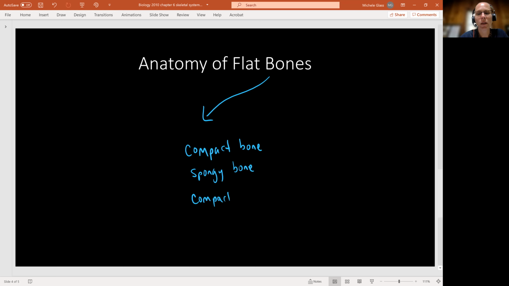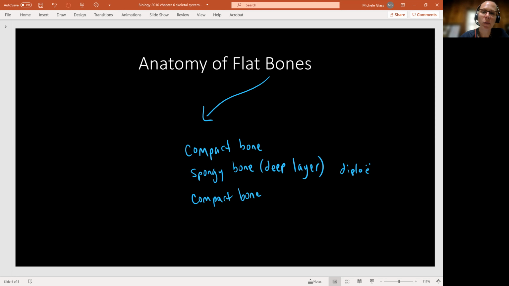So I'm thinking about compact bone as the 2 slices of bread and the spongy bone layer as the innermost layer, the deep layer. So let's label it here, deep layer, meaning it's the innermost layer, or like the peanut butter of the sandwich. In our book, this layer is also referred to as diploe, diploe layer.